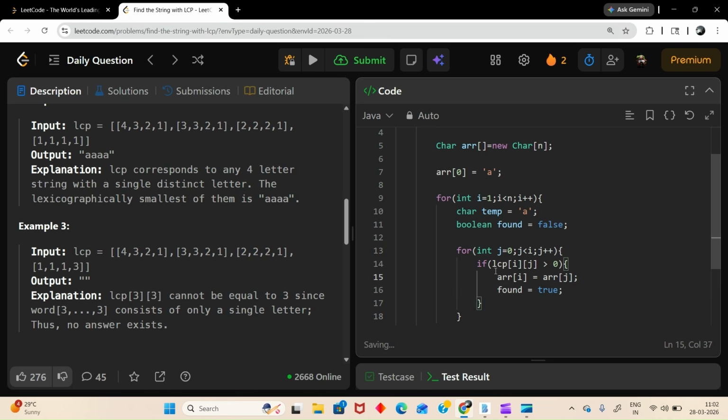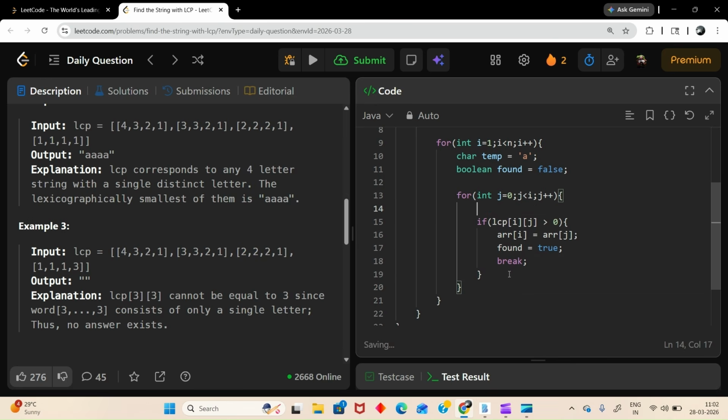Okay, and we'll break because we found the element there itself. Now else, if it is not greater than 0, that means it is 0.